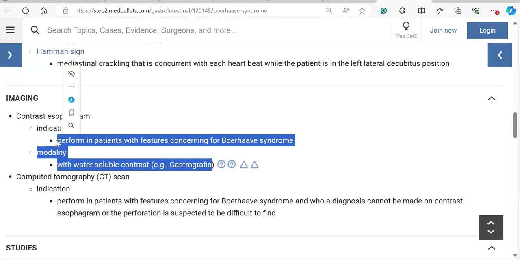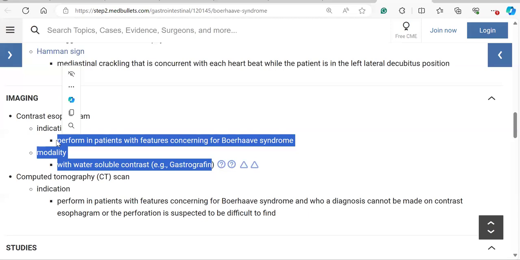And if you use contrast, especially the barium, normally with the esophagogram, the barium dye can go into the chest because it is already a perforated esophagus, and it can cause life-threatening complications like mediastinitis. So we don't use barium in here, rather we use gastrografin. Okay, because it is water soluble and it does not cause any problem.